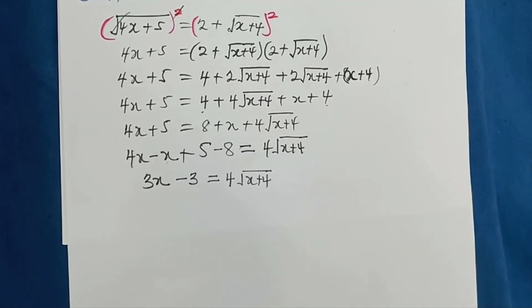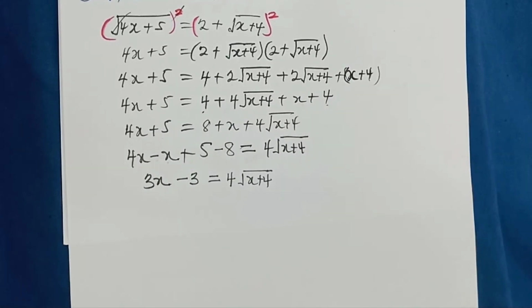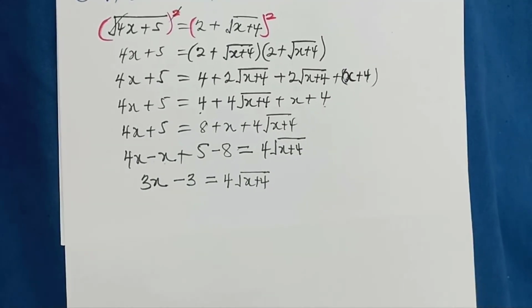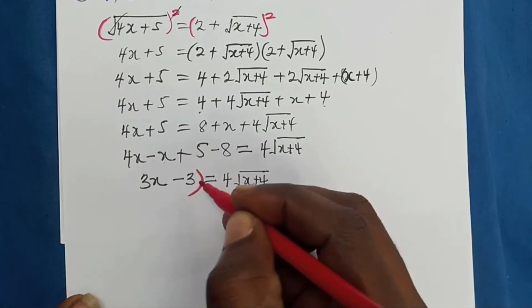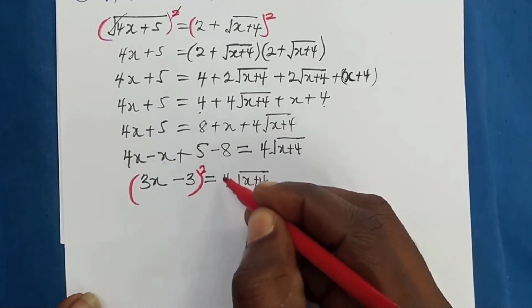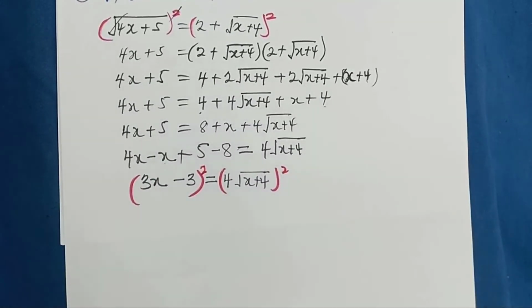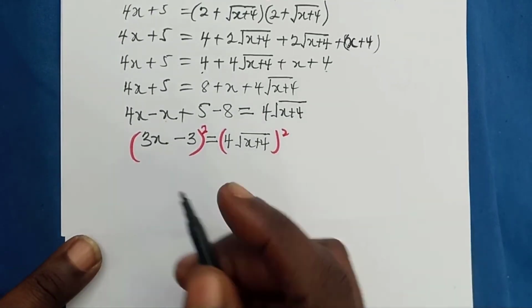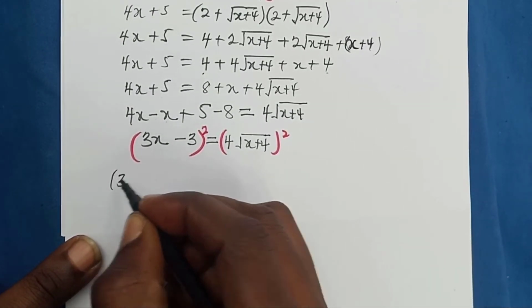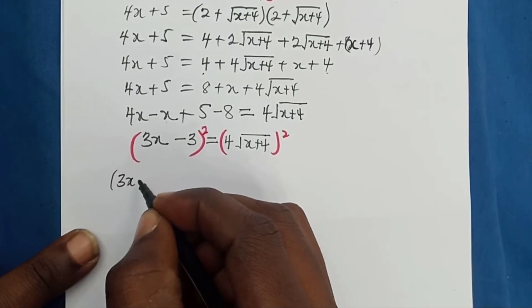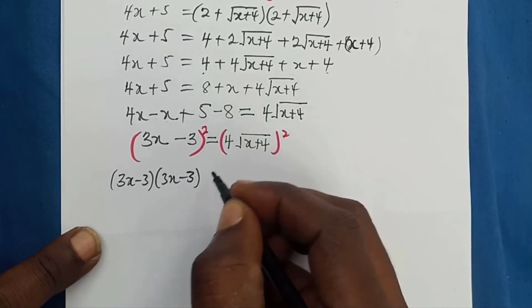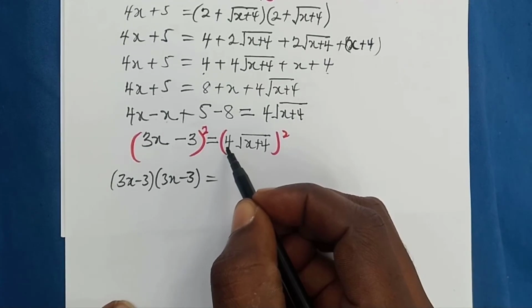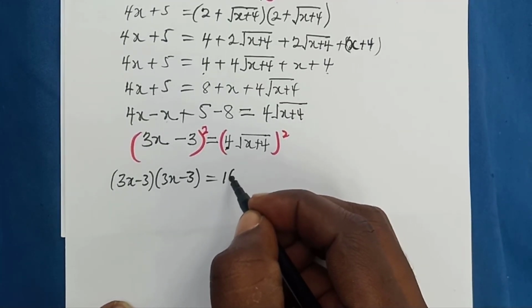All right, so we have to do away with the square root, or we have to undo the square root once again. So we have to square both sides. So we square this side and then square this side as well. So over here we are having a perfect square, 3x minus 3, all squared. This is equal to 4 squared is 16.